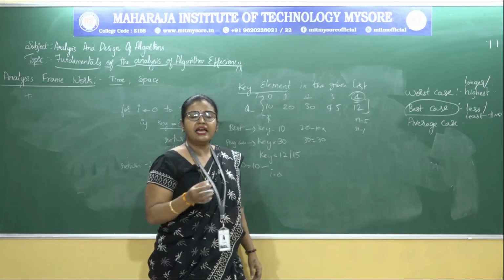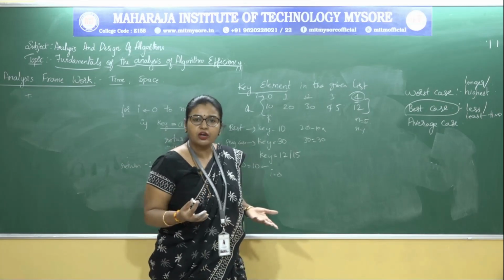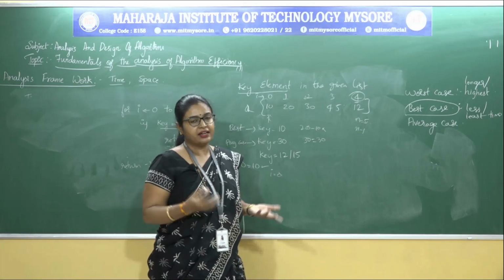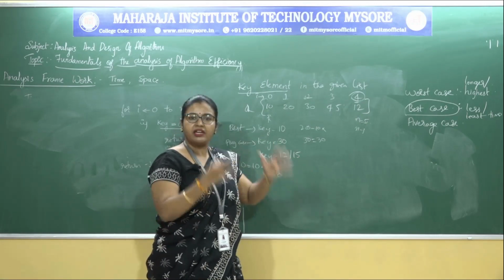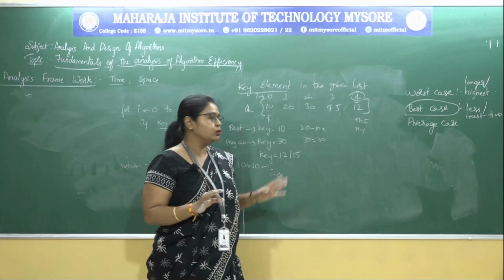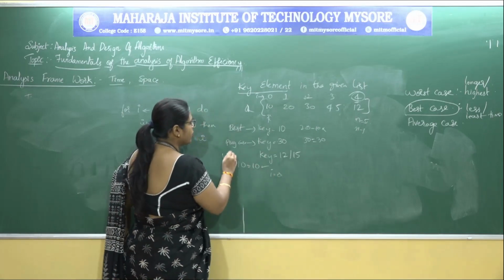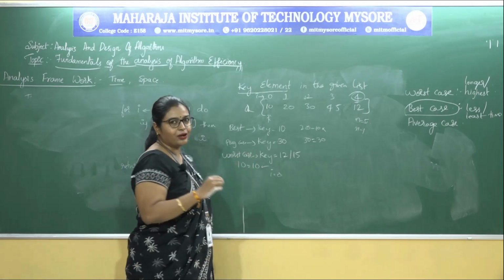If the key element is found at the last position, how many times is your basic operation going to be performed? Definitely n times. For the given input, it is going to take n amount of time. So that is called the worst case of this algorithm.